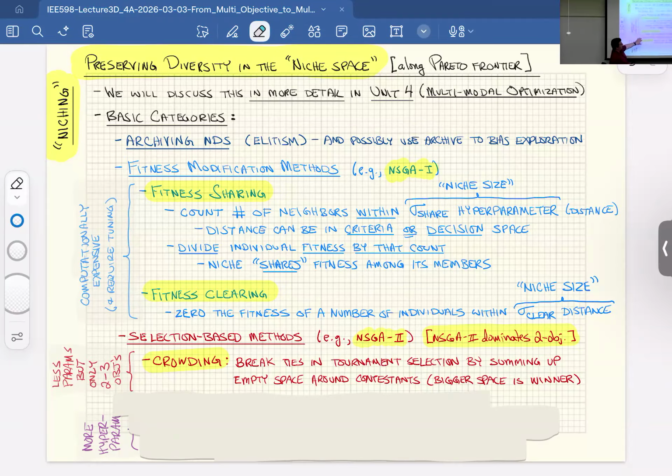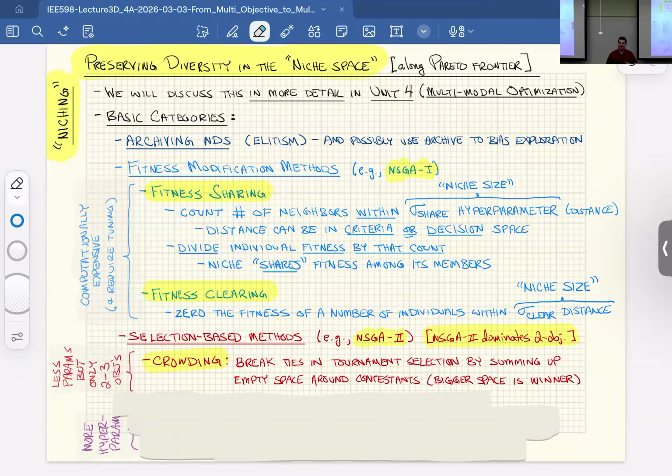But the idea behind crowding is that instead of using fitness proportional selection, I'll use, say, tournament selection. And in tournament selection, I am going to get a bunch of individuals who might have the same fitness because they're the same Pareto ranking. So what I might want to do then is penalize crowding. A way to do that is to look at how much empty space is around these contestants of the tournament when they tie.